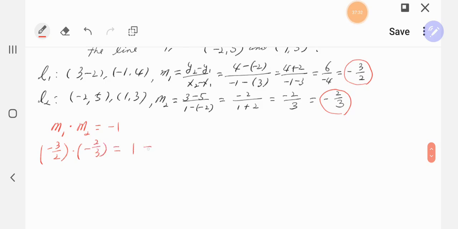This is not equal to -1. The product has to be -1. The product of two slopes must be equal to -1, then the two lines are perpendicular. So therefore, line 1 is not perpendicular to line 2.